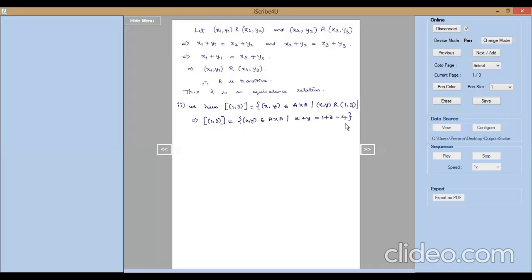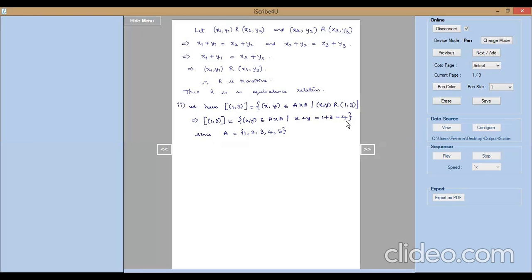So let us choose those values from the set A. Since set A is equal to 1, 2, 3, 4, 5, I have the set of all ordered pairs, that is A cross A, carrying 1, 1, 1, 2, 1, 3, etc., 2, 2, 2, 1, 2, 3, etc., up to 5, 5. This is A cross A for us. From that set, I am choosing sum equal to 4.